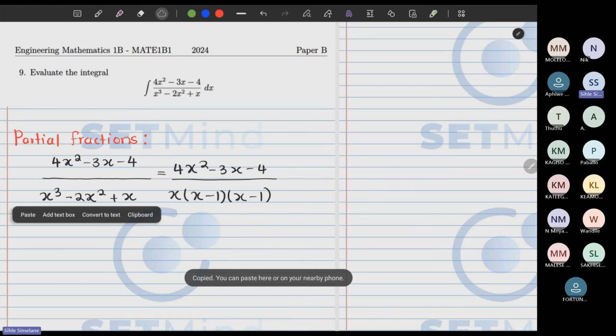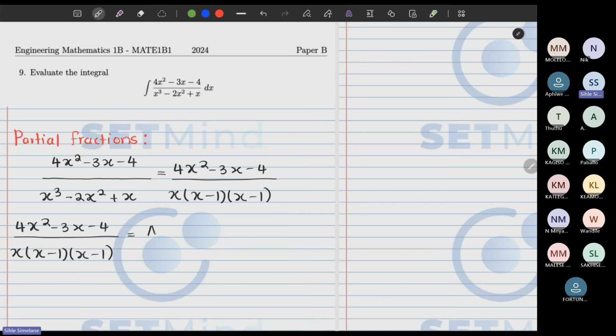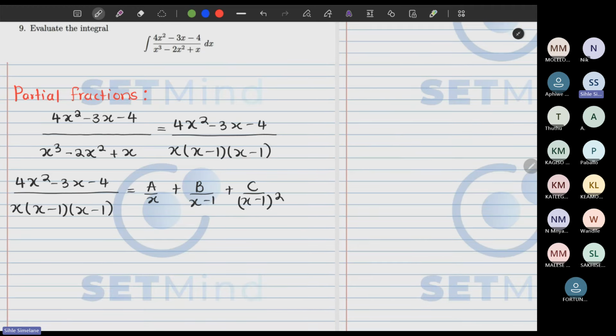So when we look for our partial fractions, we'll have A over x plus B over x minus 1, and then plus C over x minus 1 squared. So this is what our partial fraction will look like.